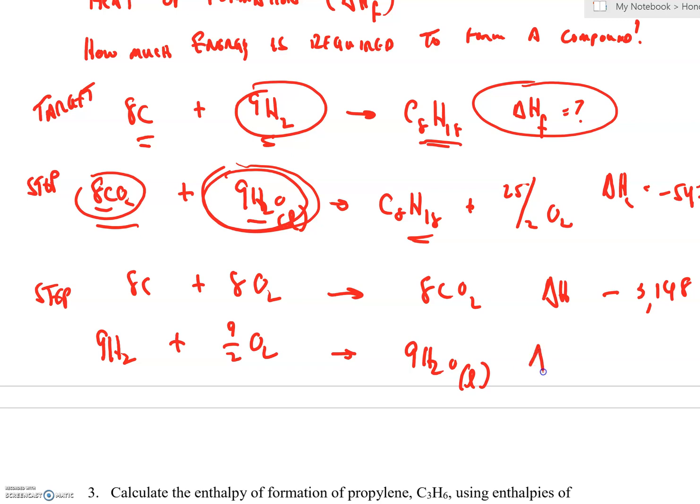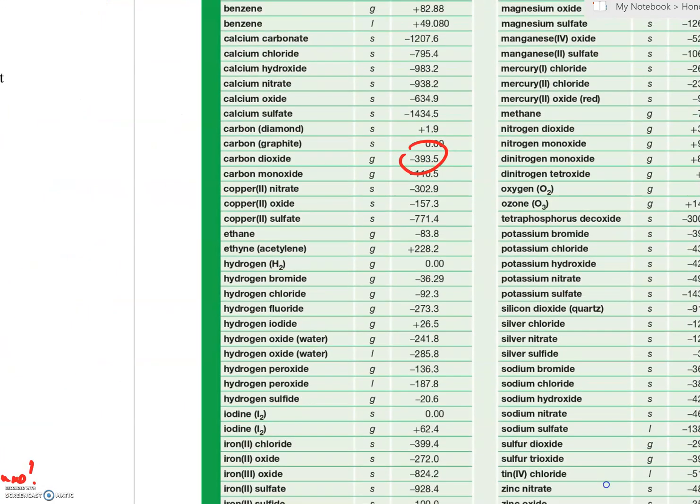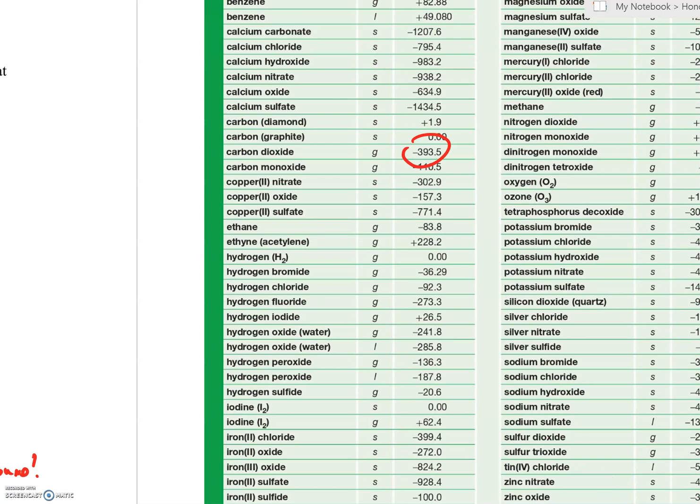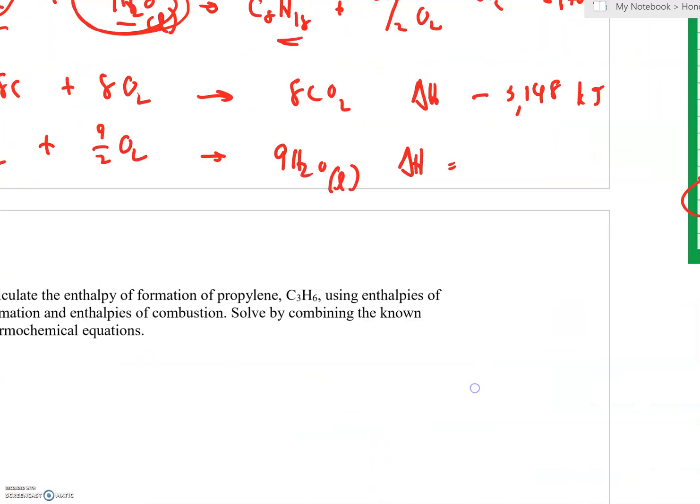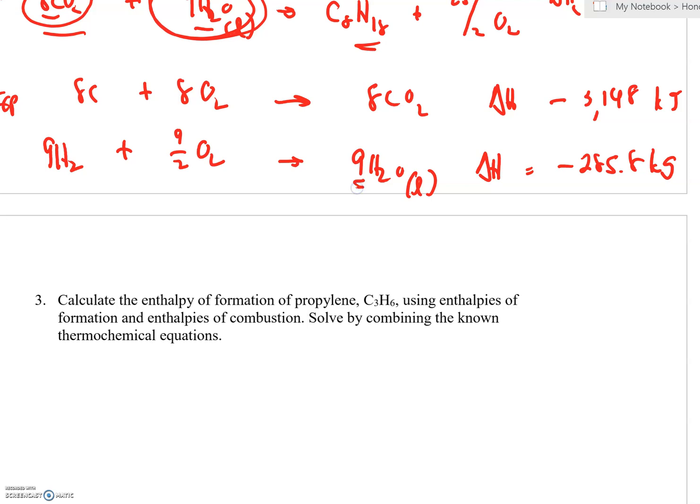So we'll just say 9 halves of an O2. Okay? Now, if we look at our table, it tells us that water has a heat of formation, if it's a liquid, of negative 285.8. But we didn't make 1. We made 9.